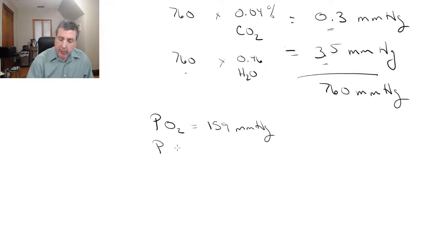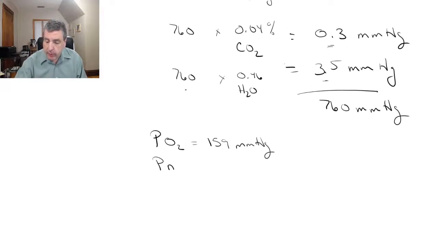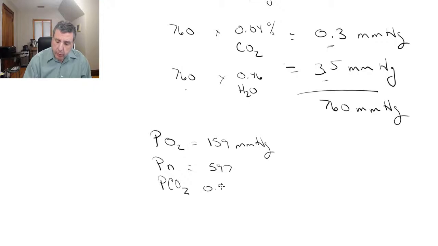Then we have partial pressure of nitrogen, 597. I don't have these memorized. Partial pressure of CO2, that's going to be 0.3. Partial pressure of H2O, that's going to be 3.5, not 35. And that totals up to 760 millimeters of mercury.